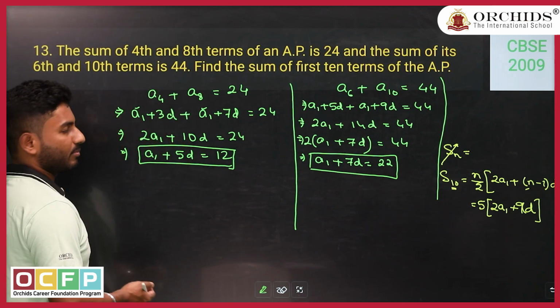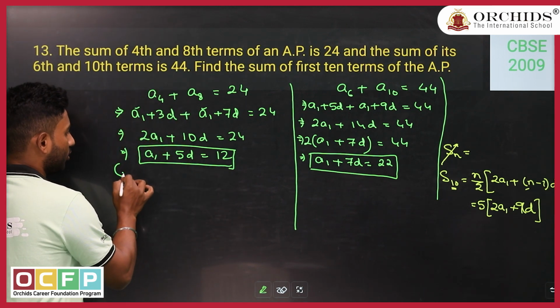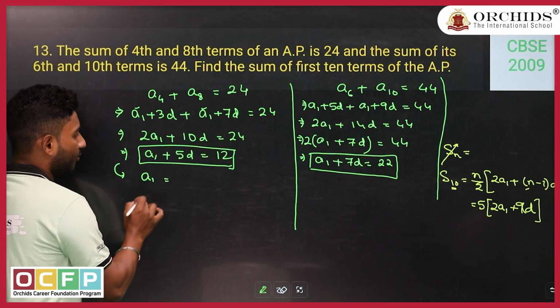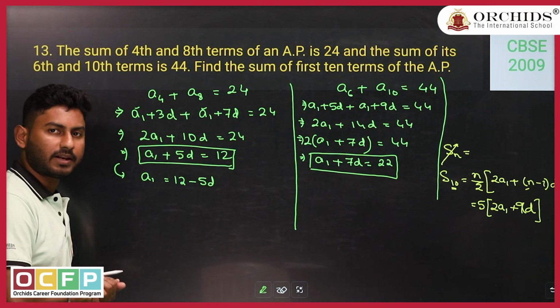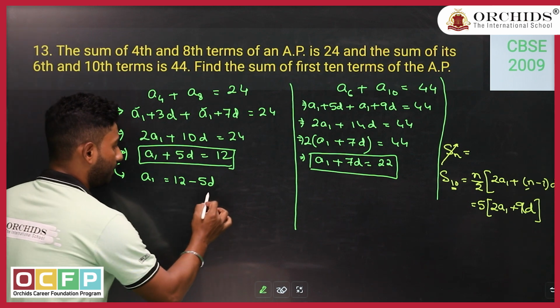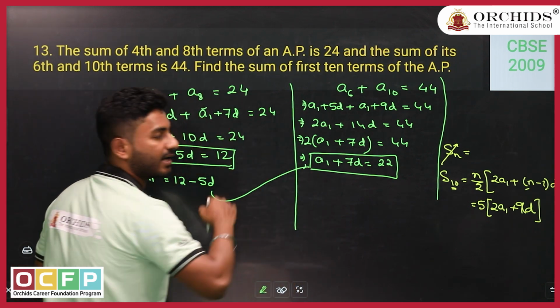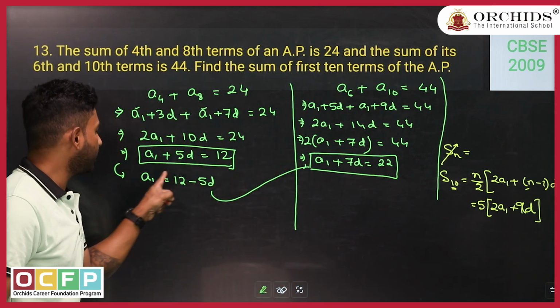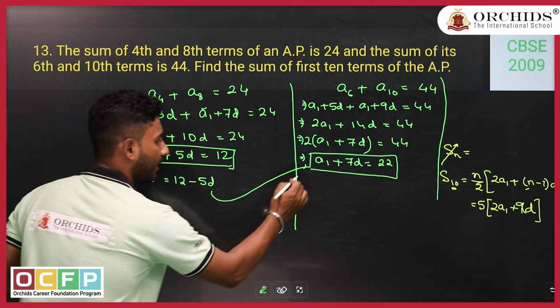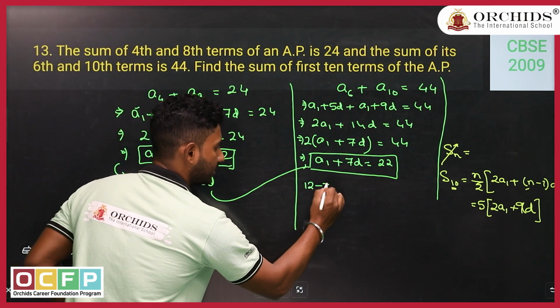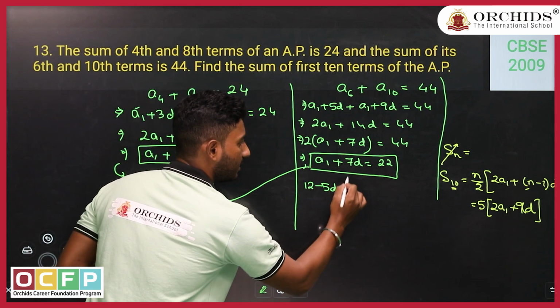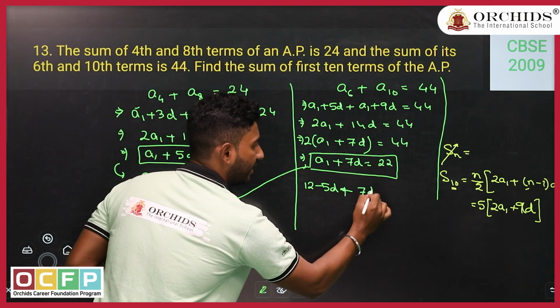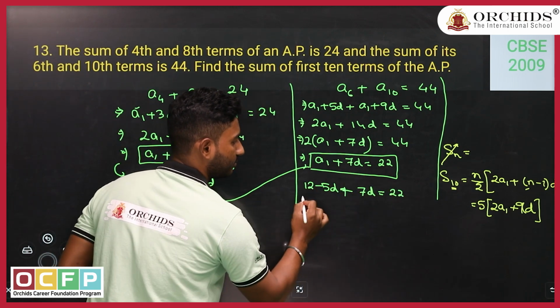I'll use substitution method. Now, if I am not wrong, from here A1 can be written as 12 minus 5D. Correct? So from this equation I will put this value of A1 in the second one. A1 is 12 minus 5D plus 7D already I have, which is equal to 22.